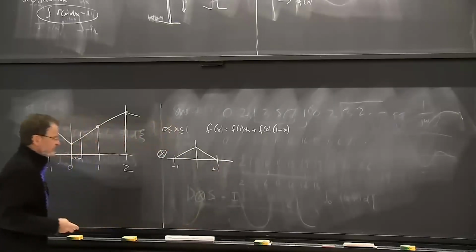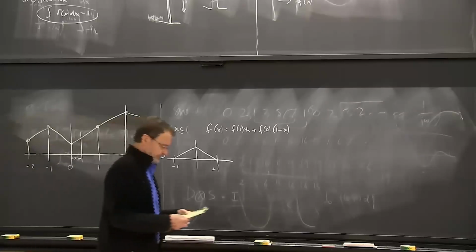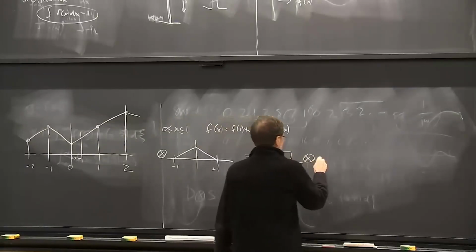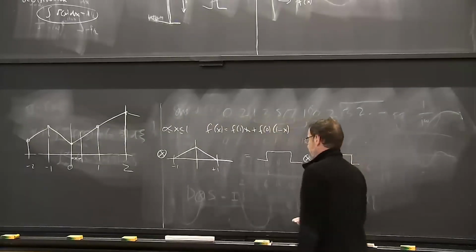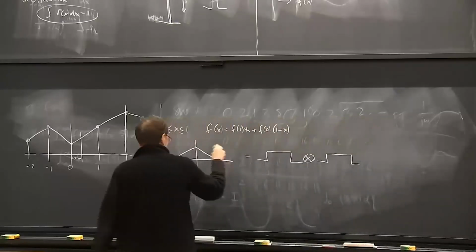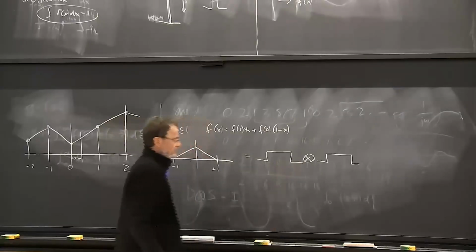Now that corresponds to convolution with that function. And I'll leave you to figure that out. It should be clear after what we've done. And that in turn, this triangle, is the convolution of those two boxcars.